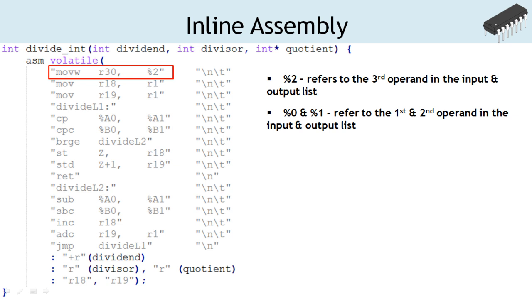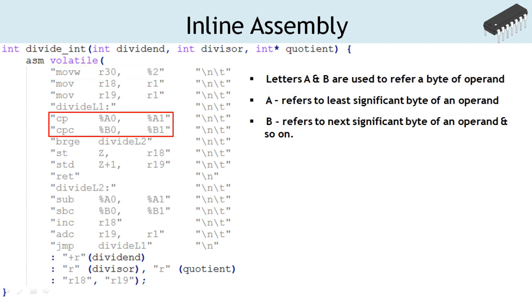It refers to the third operand in the output and input operand list. Similarly, %0 and %1 refer to the first and second operands in the list. The strings %A0 and %A1 in the instruction CP refer to the lower 8 bits of the first and second operands, respectively. And the letter B is used to refer to the higher 8 bits of the operand.